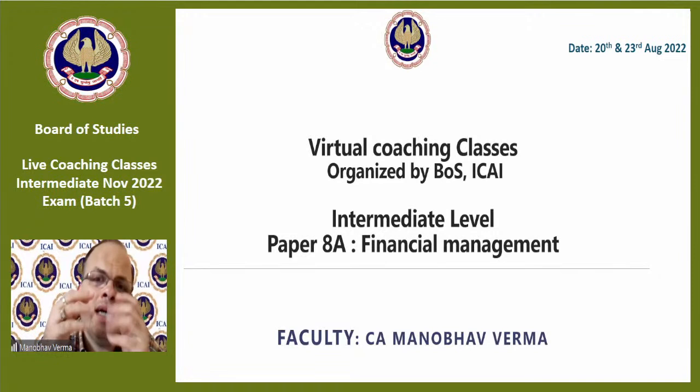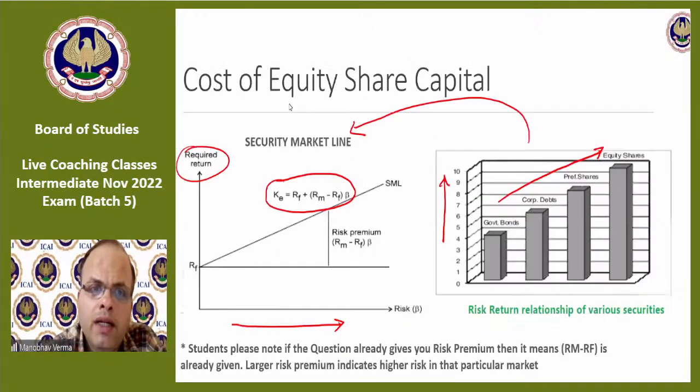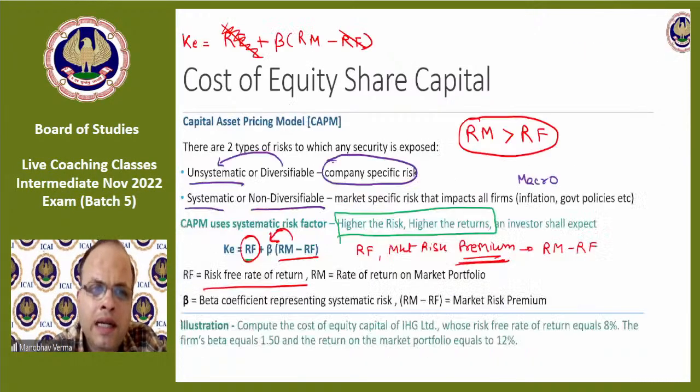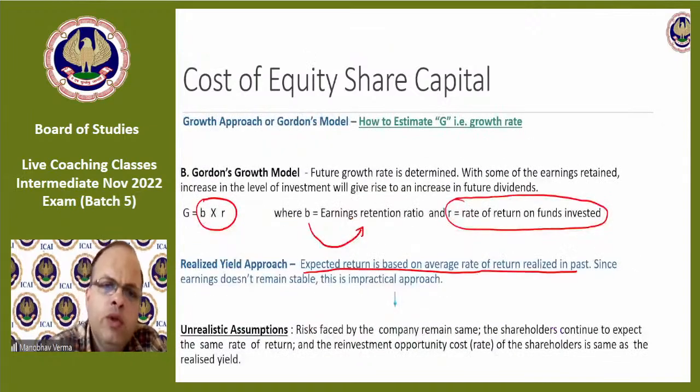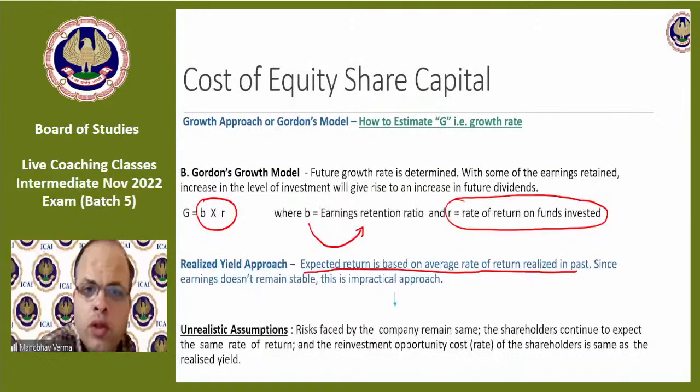So the idea about the growth was the amount of reinvestment done from the earnings, and we take that into account to calculate the cost of equity. We had discussed this exactly on this particular slide, right? So Gordon's growth, where we're talking about calculation of the growth rate.